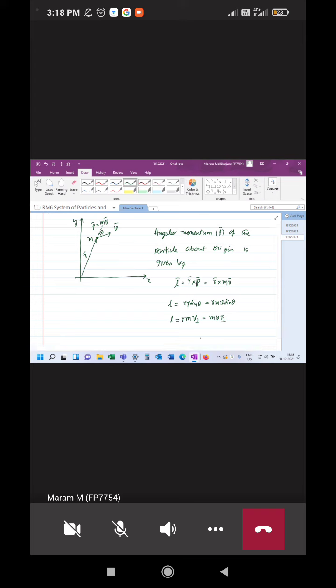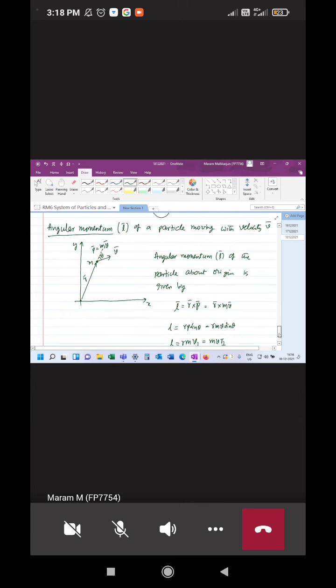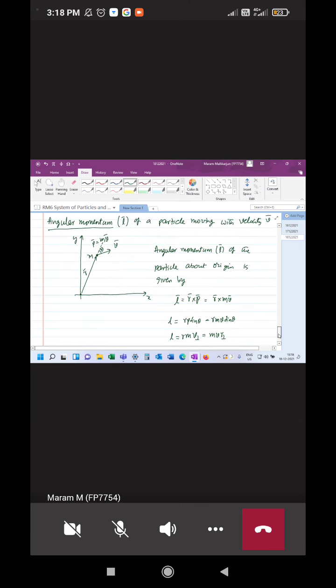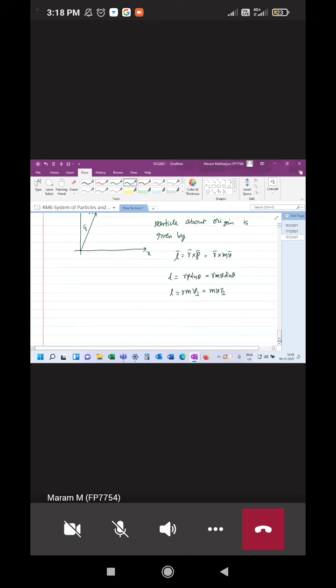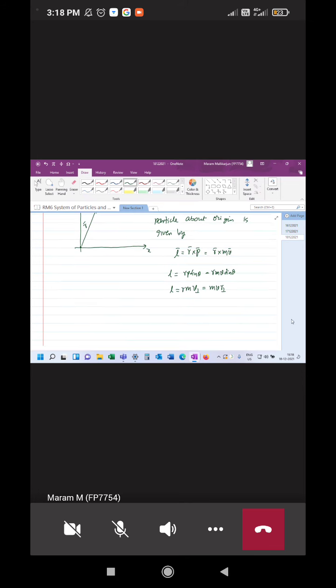See, the concept of angular momentum is important from the objective point of view. The questions asked are something like this. First, let us take a few examples of questions. Example 1, let us say the angular momentum of a particle moving in a circular path of radius r with constant speed.